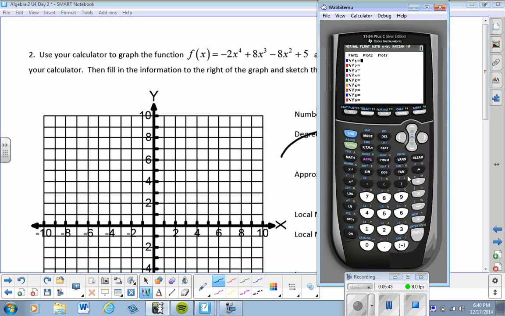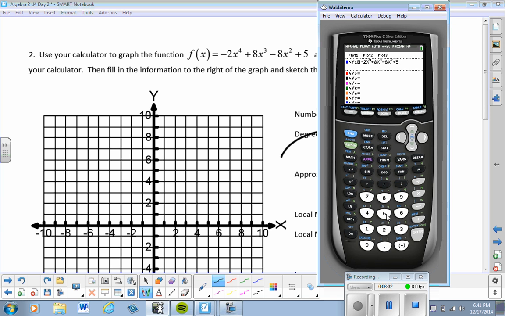And so we have negative 2x to the fourth plus 8x cubed minus 8x squared plus 5.